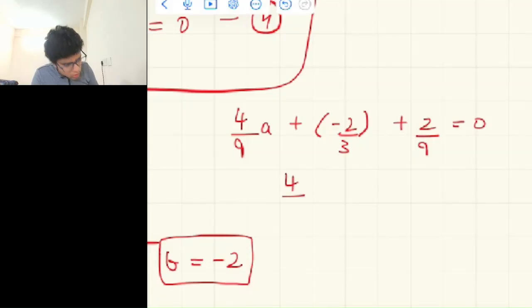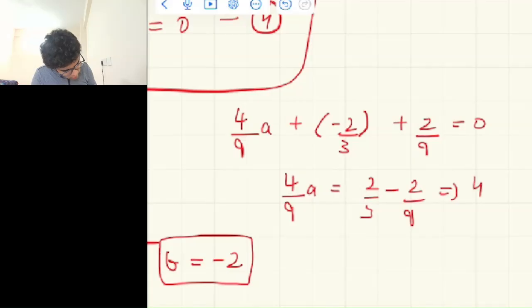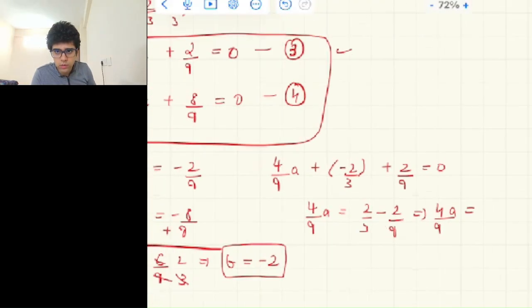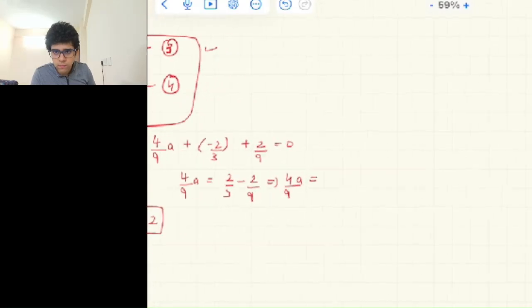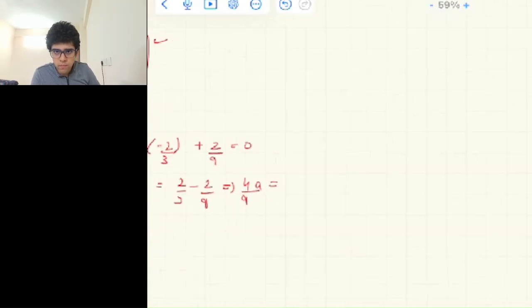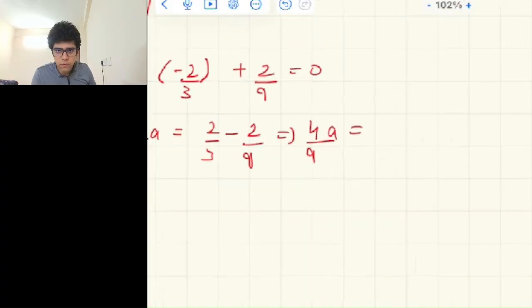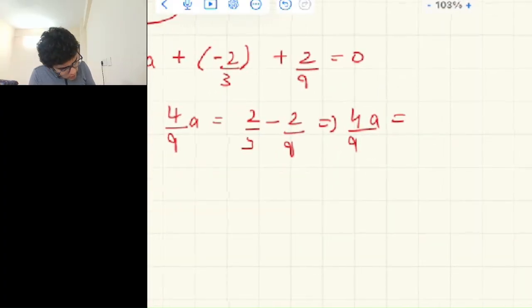So 4 by 9a equals 2 by 3 minus 2 by 9, sorry, 4a by 9 equals 9. So this is 6 minus 2, 4, 4 by 9.